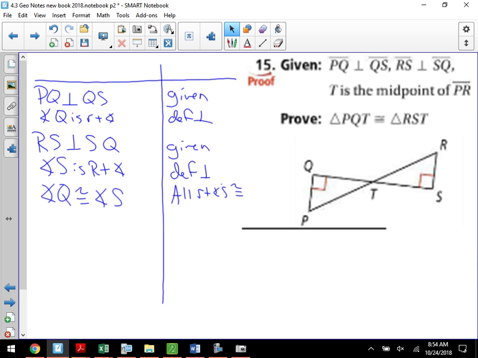Everything's off of your sheet. You go to the next one. If T is the midpoint of PR, you go to the segments now and mark which ones are congruent. Well, T is the midpoint of PR, so PT is congruent to TR.